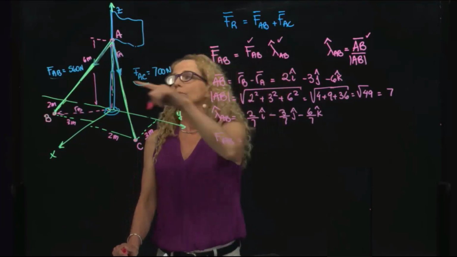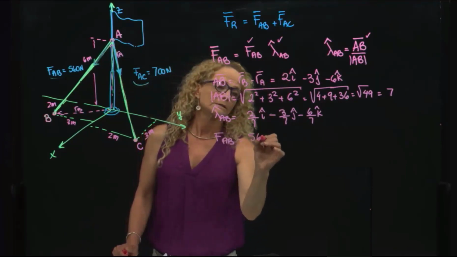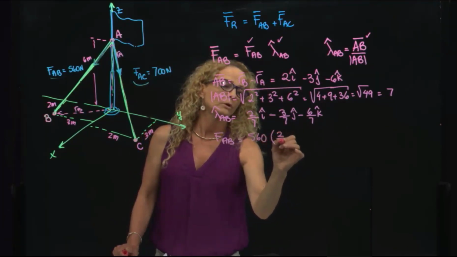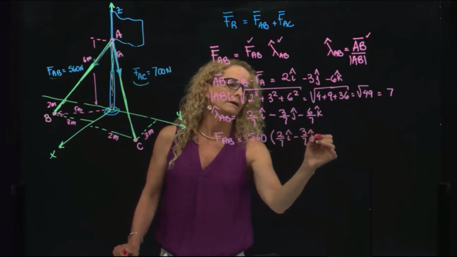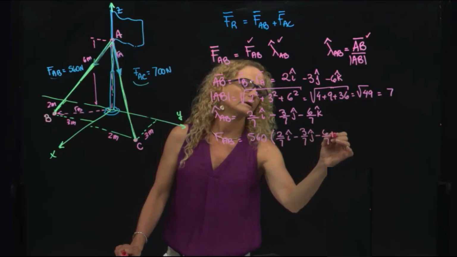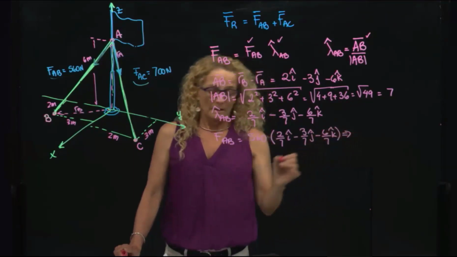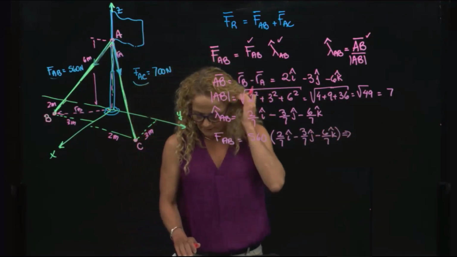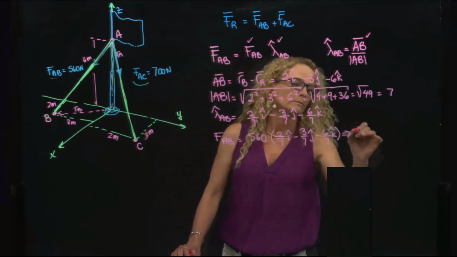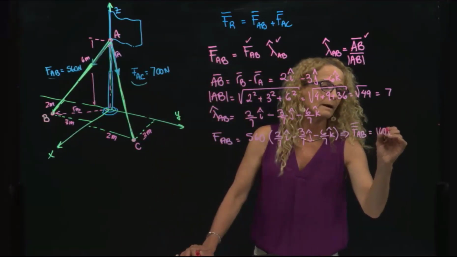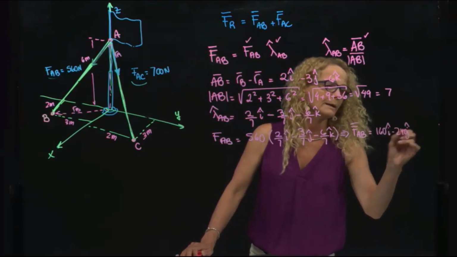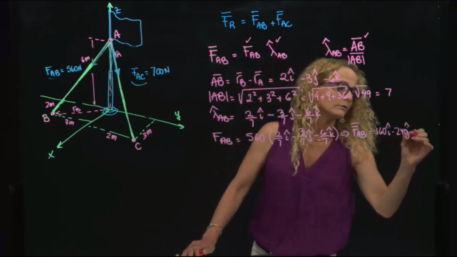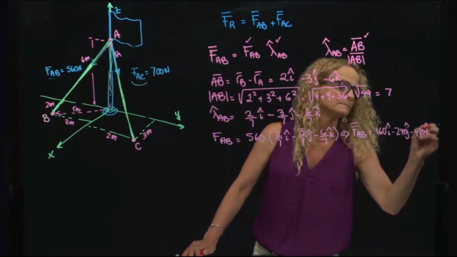It will be equal to 560 multiplied by 2/7 in I, minus 3/7 in J, minus 6/7 in K. And that already gives me the following vector: 160I minus 240J minus 480K.